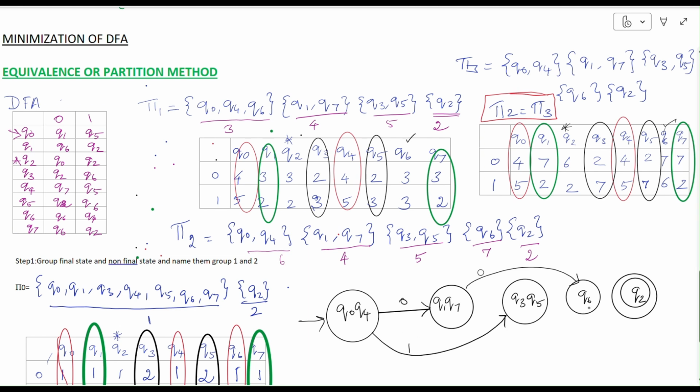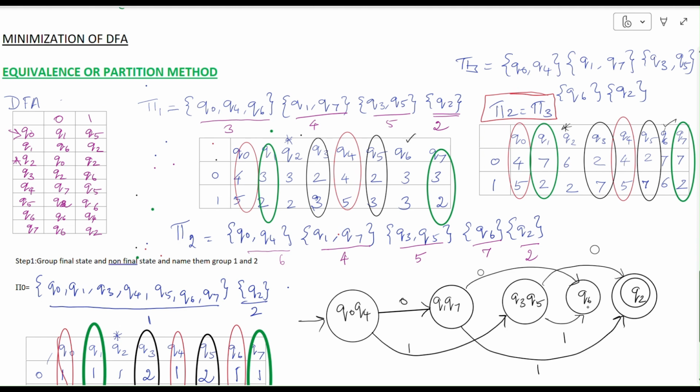And Q1, Q7 on 1 goes to group 2, that is Q2. Q3, Q5 goes to 2 and 7. What is 2? Group 2. What is 7? 7 is Q6.